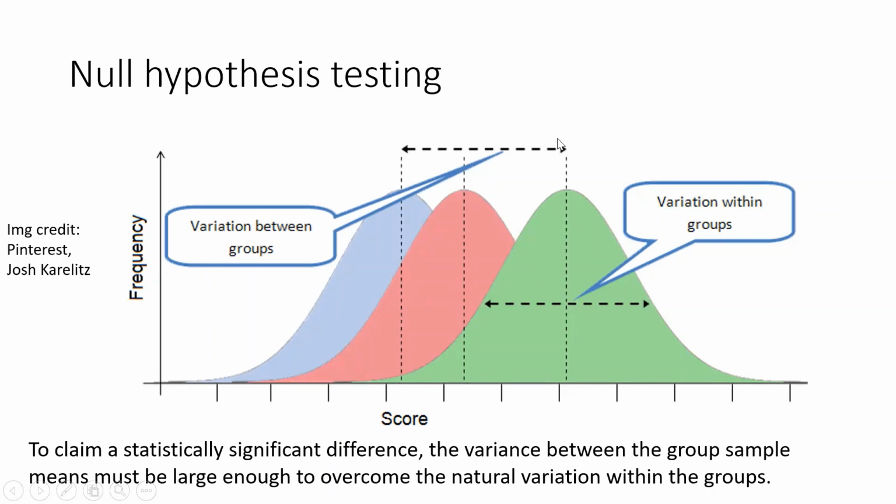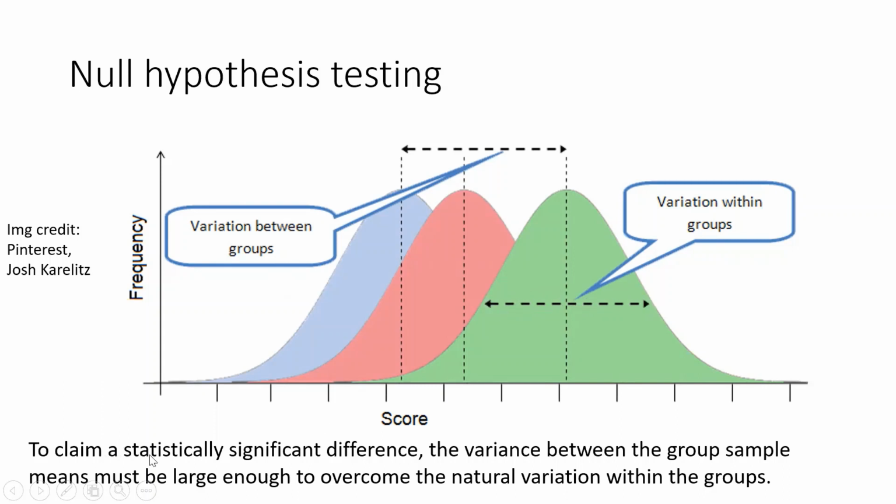We have also indicated with these labels that the variation between the groups is what is being compared when the means are compared to each other, and the variation within a group is what we are considering when we consider the variation in one group.